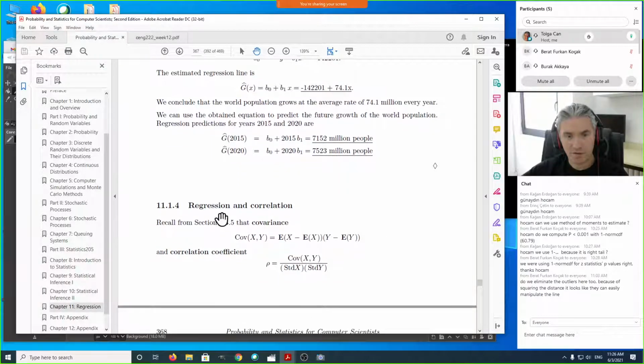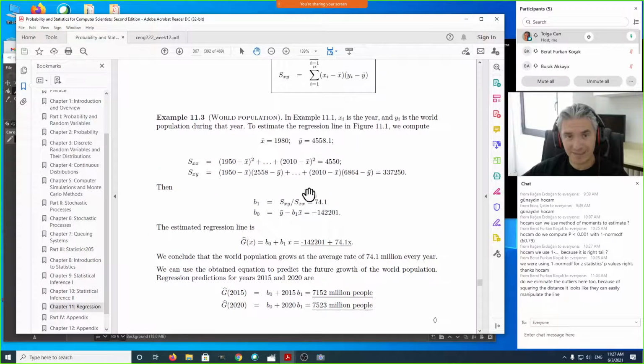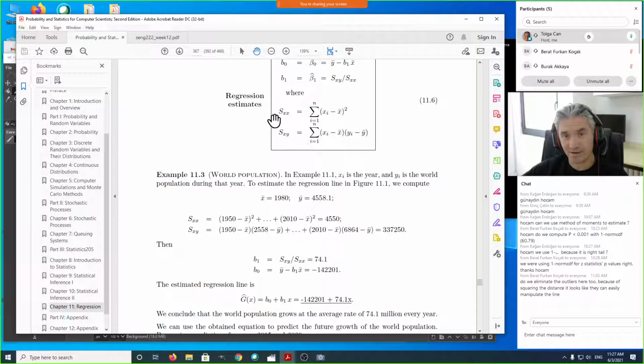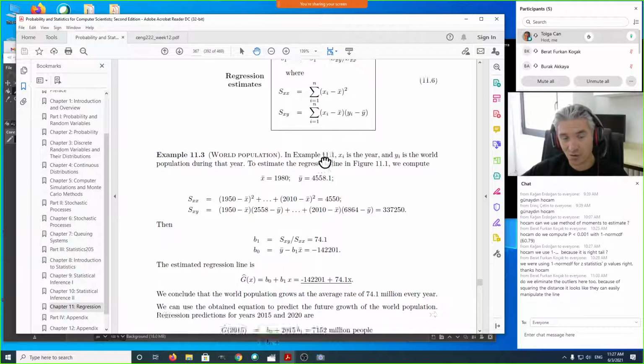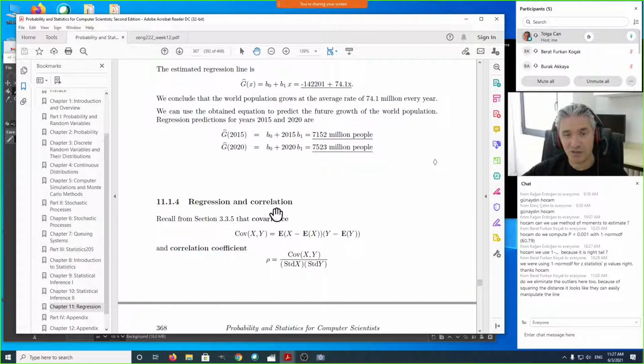So regression and correlation coefficients: the formulas of SXX and SXY are really similar to the numerators in variance and covariance. So this regression actually has a relation to the covariance between two variables.